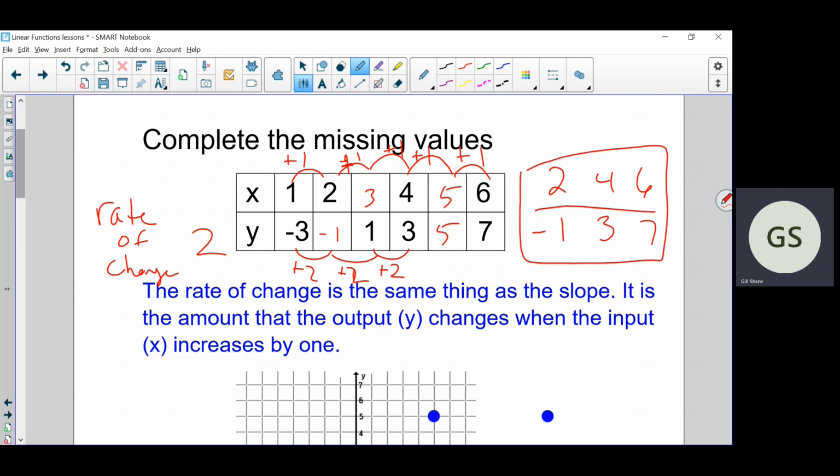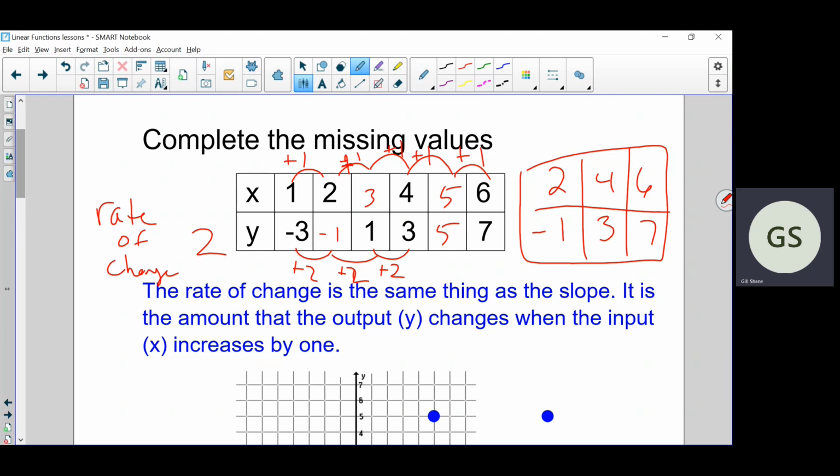Real quick, always, in a horizontal table like that, x's are on top. You need to write this down. X values are on top. Y values are on the bottom. Always. Even if they're not labeled.